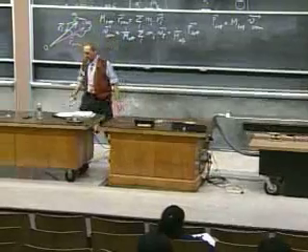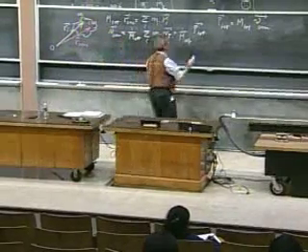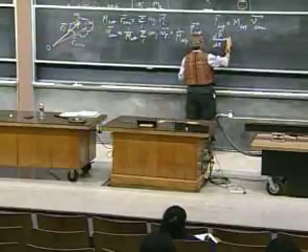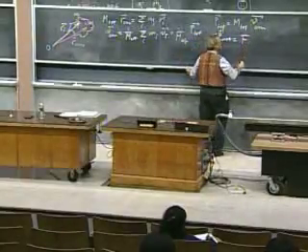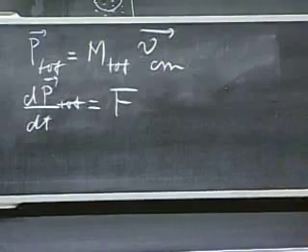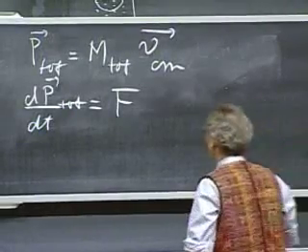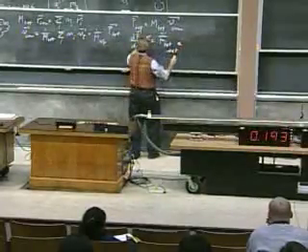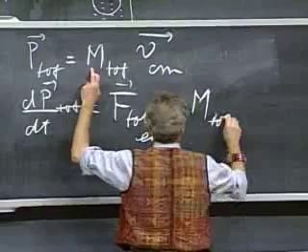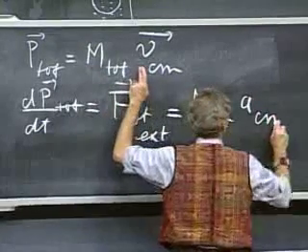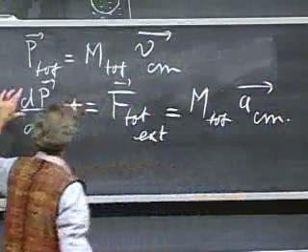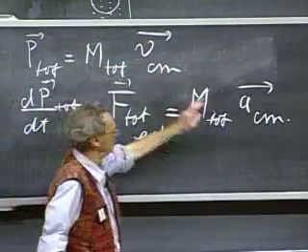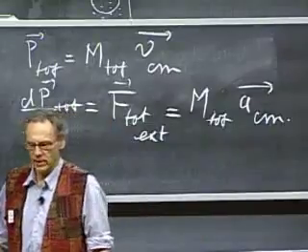And if I take the derivative of this, then dp/dt of the total momentum, of which we learned that dp/dt is the total external force. We already learned that earlier. That now is the total mass of the system times the acceleration of the center of mass, because I take the derivative of this equation, that gives me the dt here, and the velocity changes to acceleration.